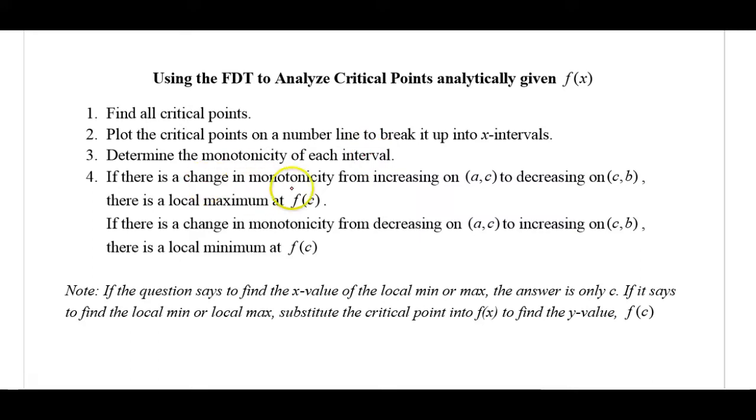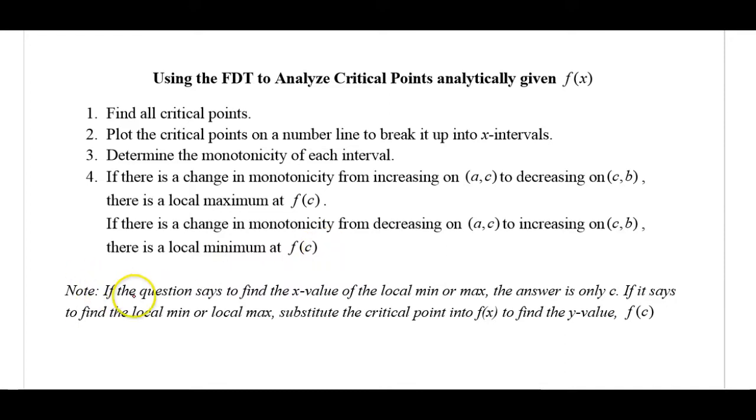And if there is a change in monotonicity from increasing on some interval from a to c to decreasing on the interval from c to b, well, then there must be a local max at f of c. And if there's a change in monotonicity from decreasing on a to c to increasing on c to b, then there's a local minimum at f of c.